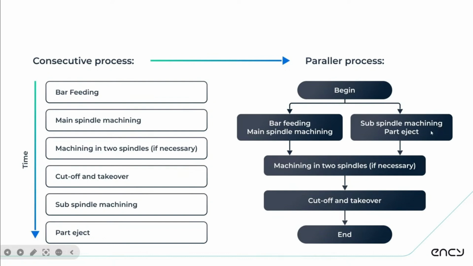And you remember one of the challenges in front of the Swiss lathe programmer is to have in mind that the machine really can work in parallel. And so these two parallel channels, channel 1 and channel 2, we combine them with automatic sync lines and wait codes inside ENCY, and we highlight how the machine will work in this synchronized mode automatically in the simulation.